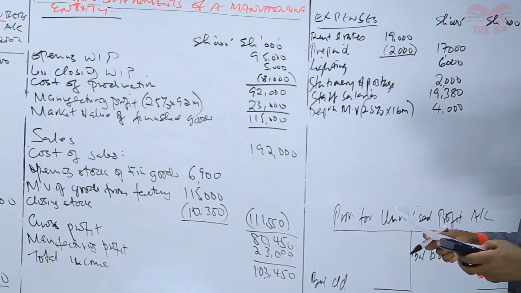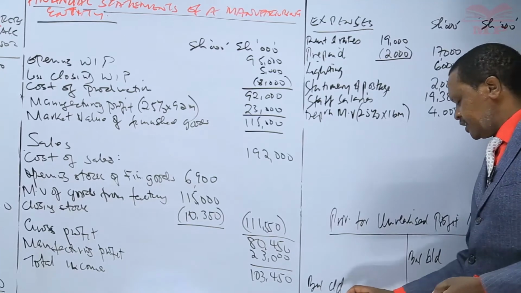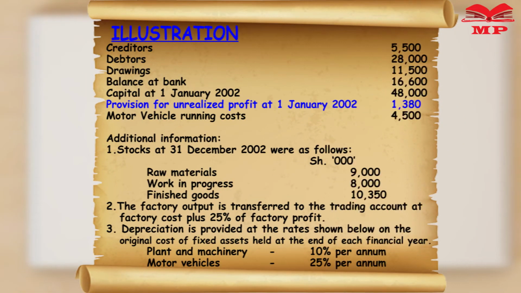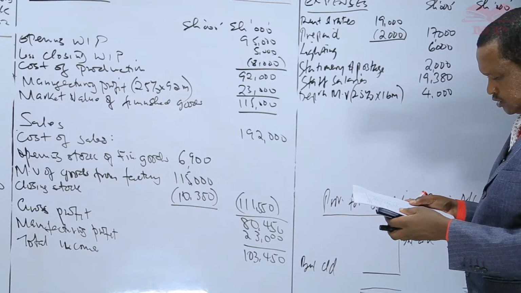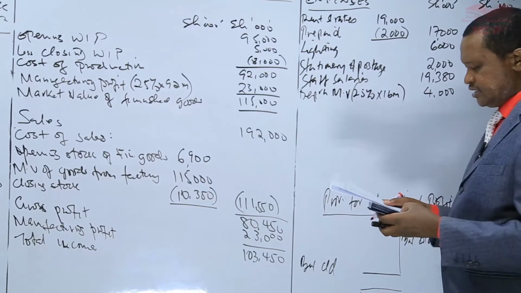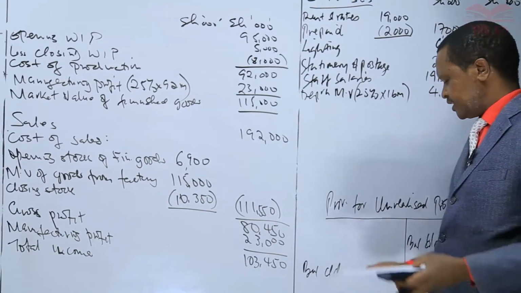And how do we determine the provision for unrealized profit at the end? That is simple. We will check the finished goods at the end, and in note number 1, the finished goods is valued at 10,350,000. The market value of finished goods is 10,350,000 at the end.